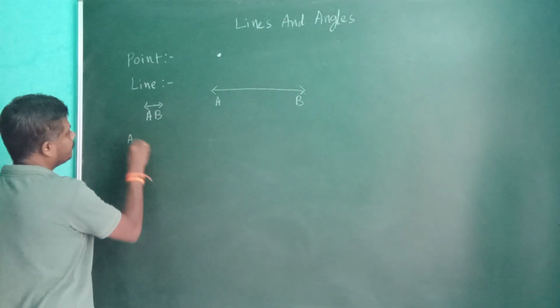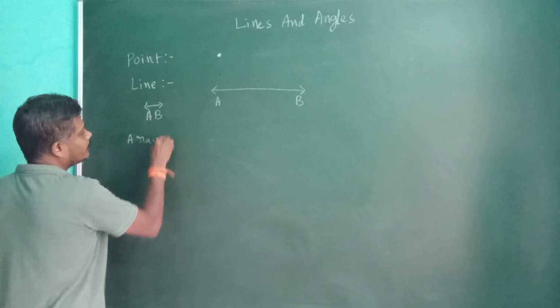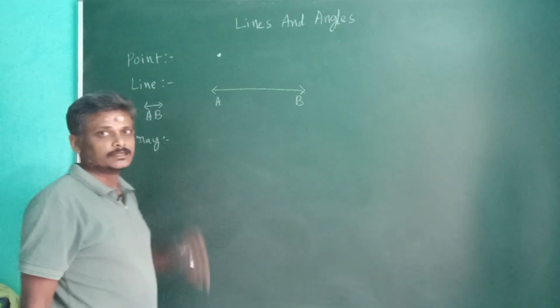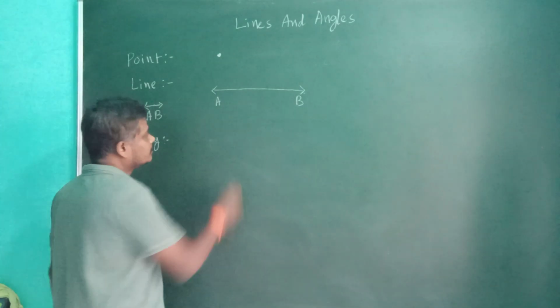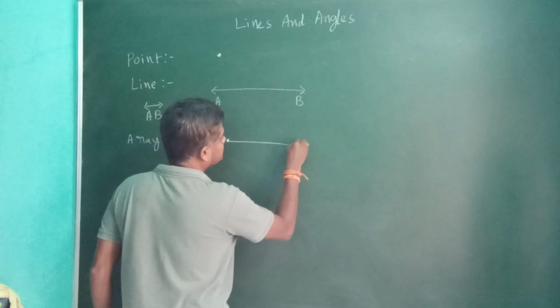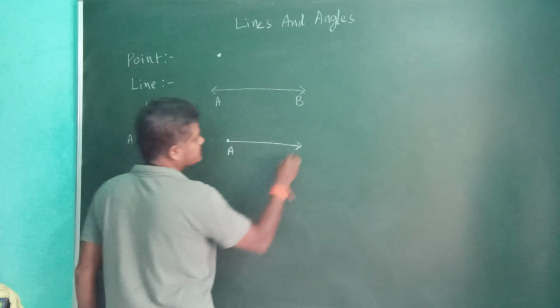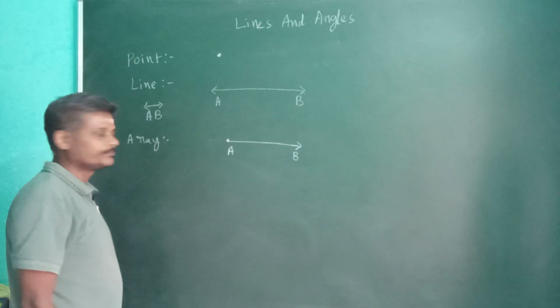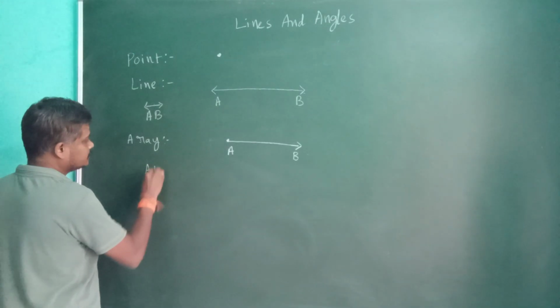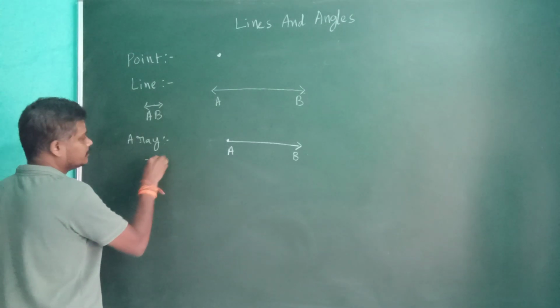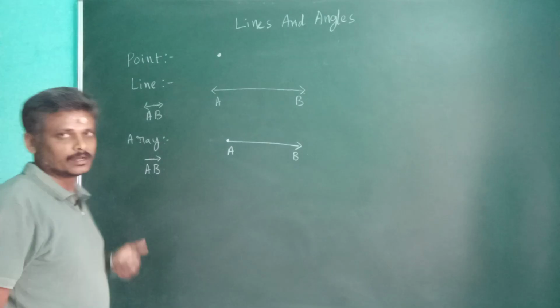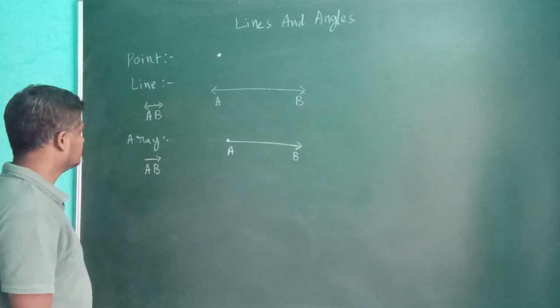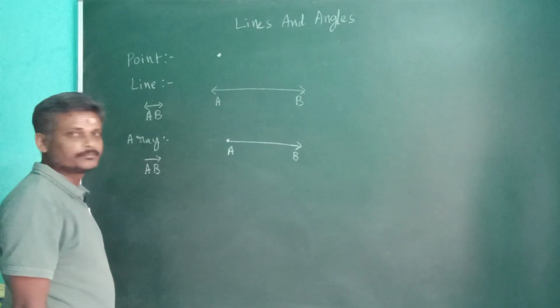A ray. A ray is a part of a line with one end point. This is a ray. It is represented as AB and a line with a single arrow mark represents a ray AB.